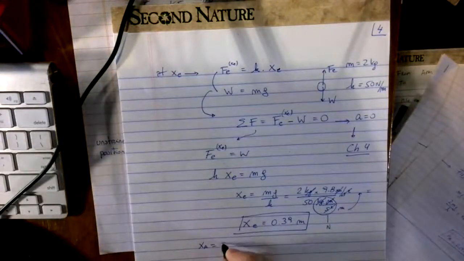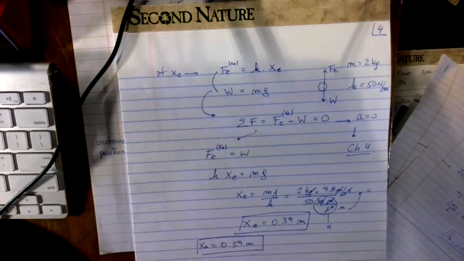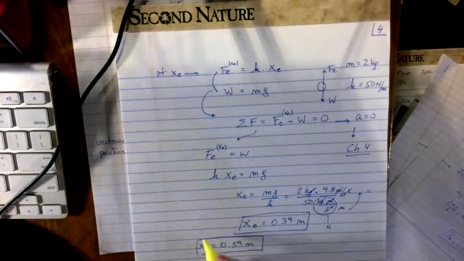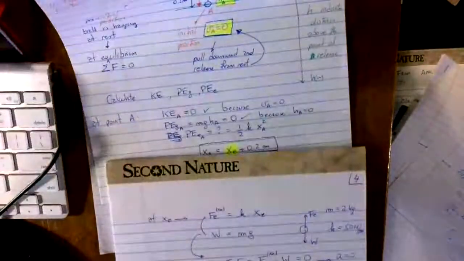It's 0.2 plus 0.39. That's the next answer. The next thing to calculate was XA. Okay, so let's finish this.